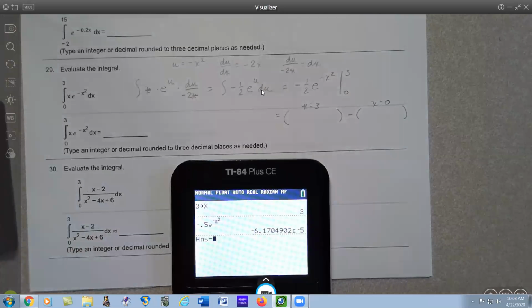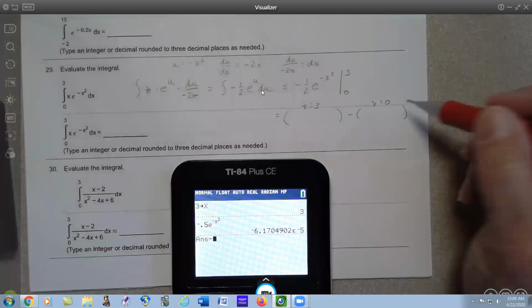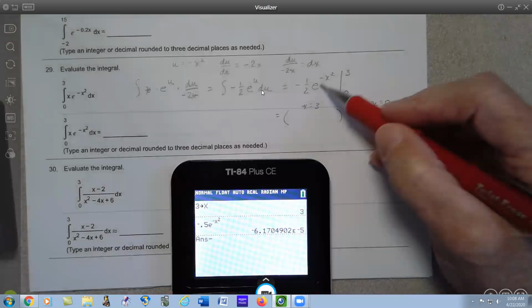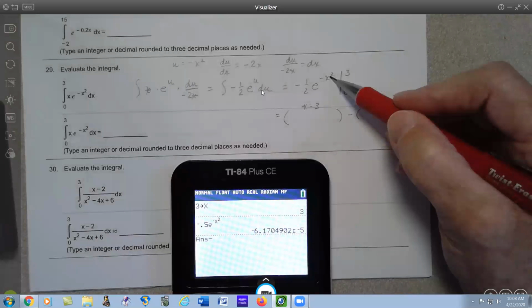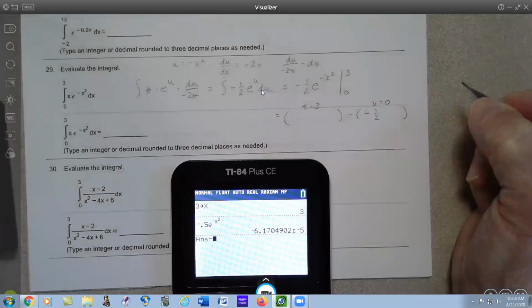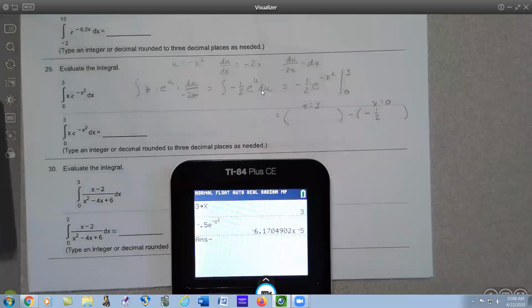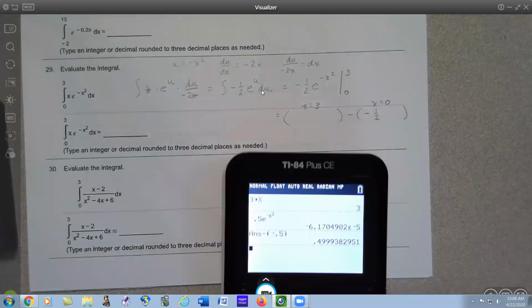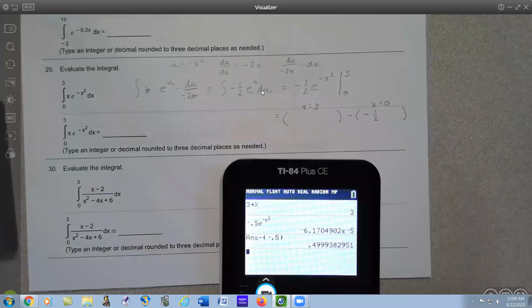If I put 0 in here, that's going to be e to the 0, right? Yes. And e to the 0, or any base to the 0 power, is 1. So that would be a negative 1/2 back there. So I'm going to subtract 0.5. If it's rounded to 3 decimal places, it looks like it'd be 0.500.